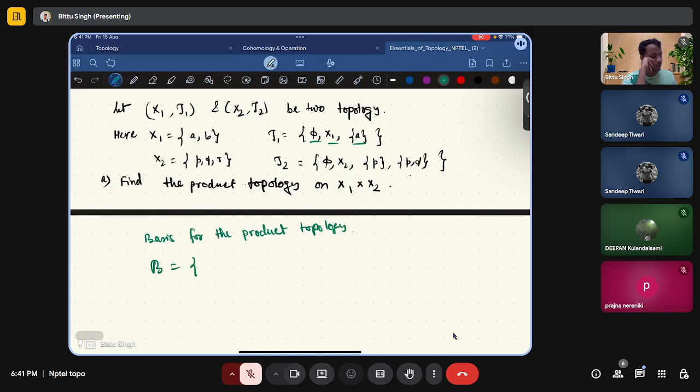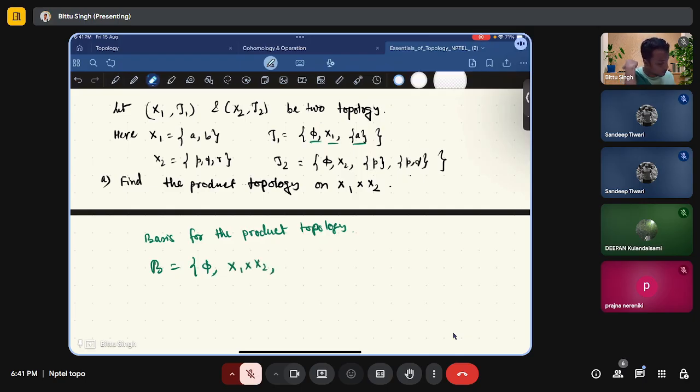So empty cross empty is always empty, and empty cross anything will be empty by definition. One side is empty, so if you take product with empty, it is like 0 cross something is 0. So empty cross anything will give me empty, so I am writing the empty set. Now let us see x1 cross those kinds of things. So x1 cross x2 we will get this.